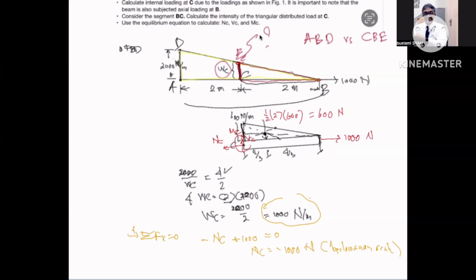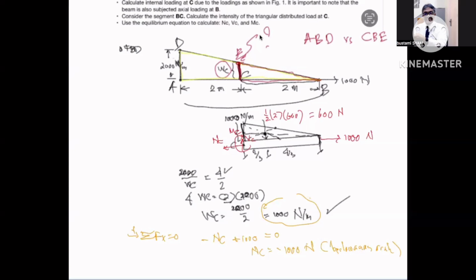So right now we know that this one is, oh, I made a mistake. Okay, 1000. Okay, this is 1000 Newton per meter, right here.